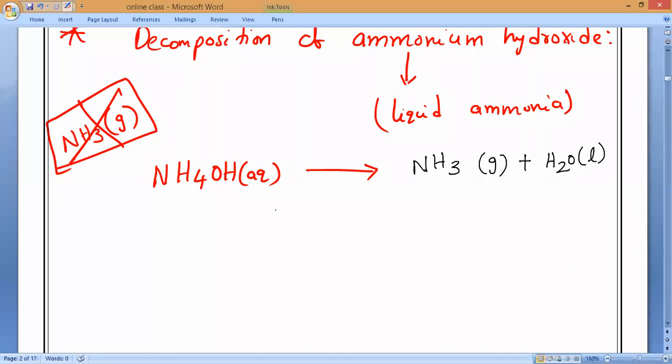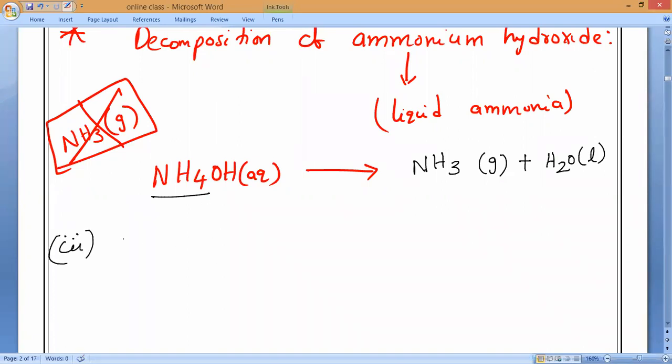Clear? One H is removed, so ammonia comes. That H combines with OH and forms H2O. That's all. Clear?